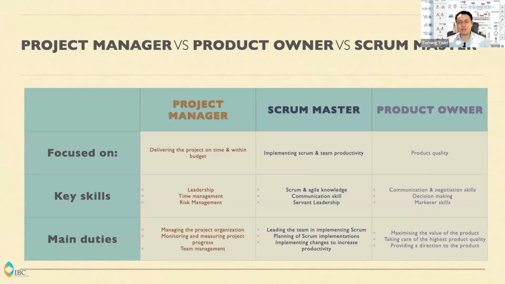Remember, the product is an item that is for sale. In order to sell that product, people must see value in it. So you must deliver value, and how to deliver value is through quality. So the product owner provides direction to the product, because the product owner is supposed to know the customers well.